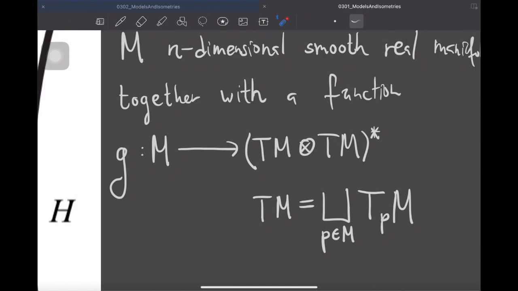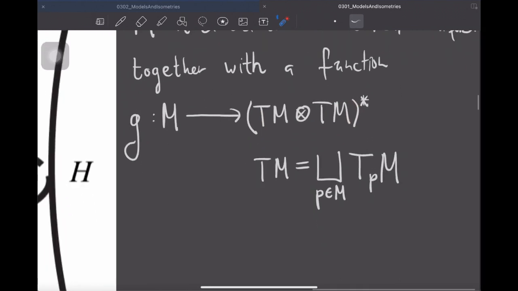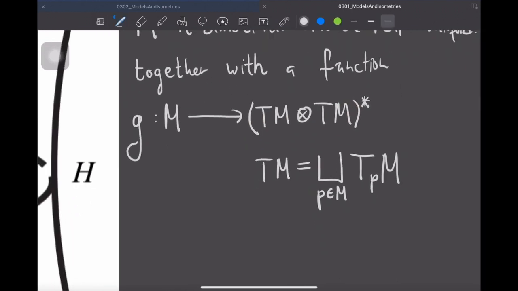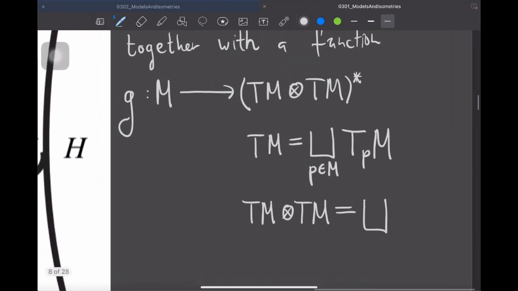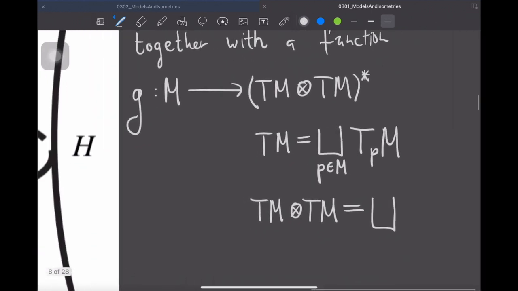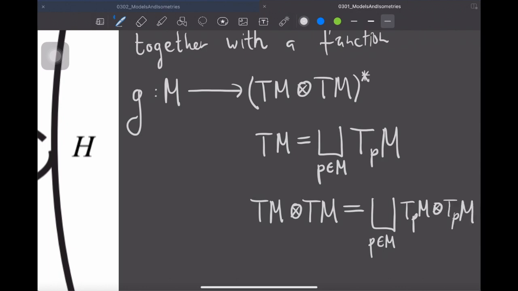But the point is that with this tangent bundle, you can take the vector bundle which is the tensor product with itself, which as a set, T_M tensor T_M, is the disjoint union over the points p in M of T_pM tensor with itself, right?